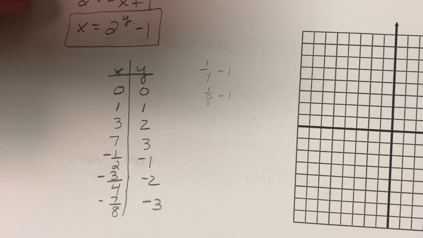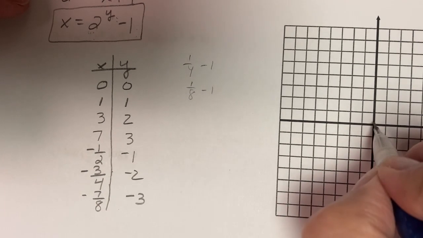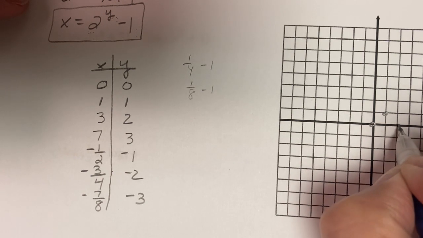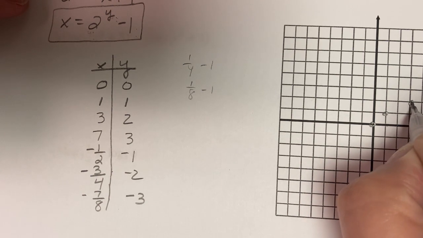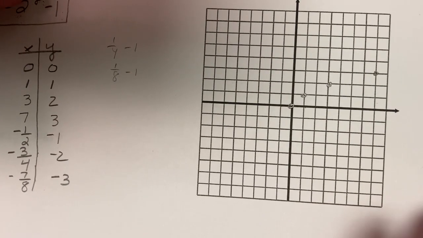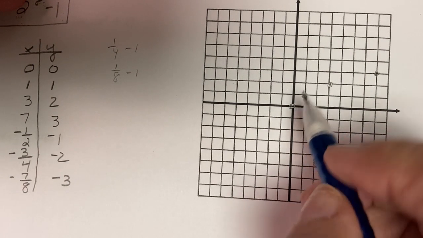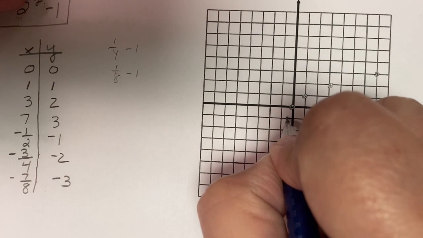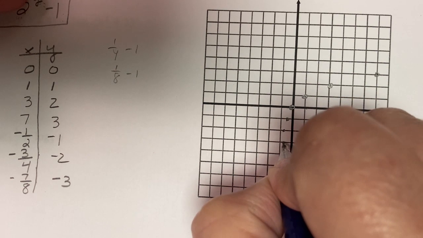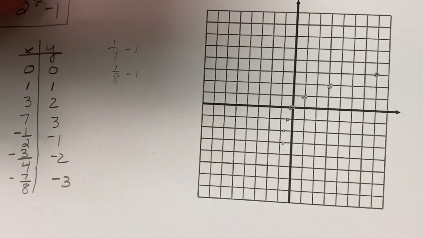We should know kind of sort of what it looks like. So (0, 0), (1, 1), (3, 2), (7, 3) would be out there. So (-1/2, -1), (-3/4, -2), and (-7/8, -3).